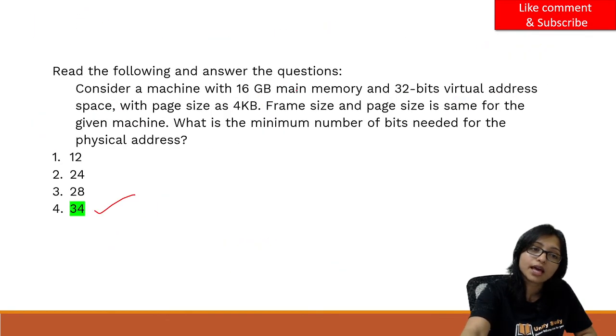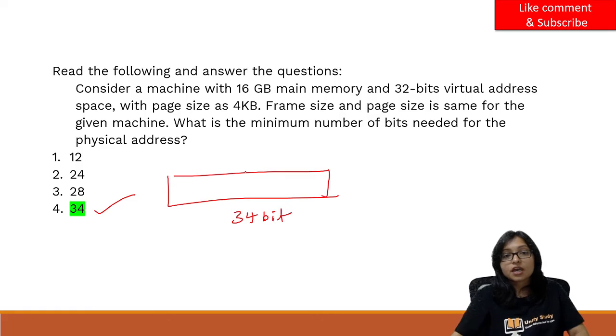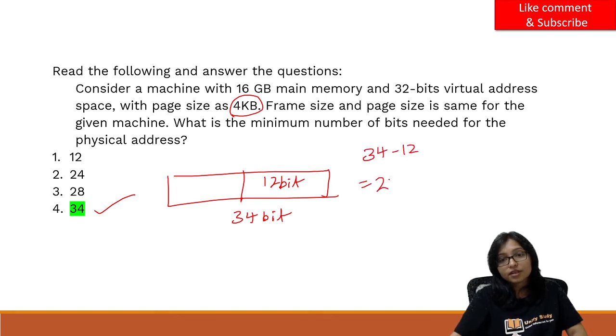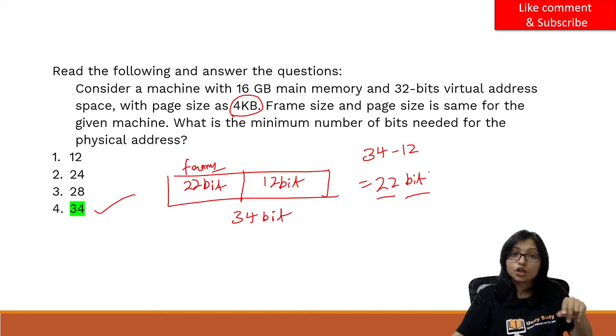Just now when we calculated the physical address space, that was 34 bits, and out of that the offset is 12 bits. So the remaining will be 34 minus 12, that is 22 bits remaining from here, right? So 22 bits are there for the number of frames, right? So to represent the frame number, 22 bits are required.